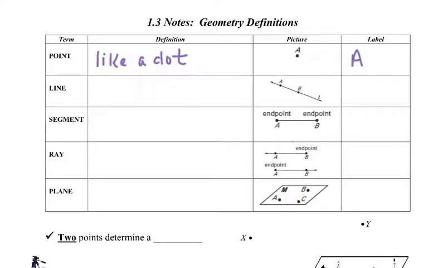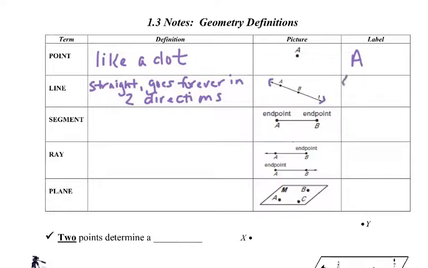A line, as you would imagine, is straight, and a line goes forever in two directions. So to symbolize that a line goes forever in two directions, we always put arrows on either side of our line.